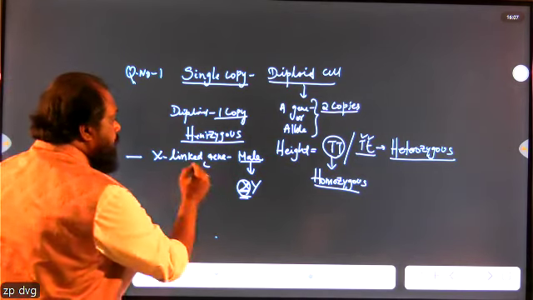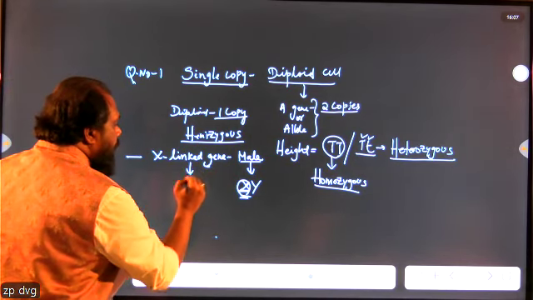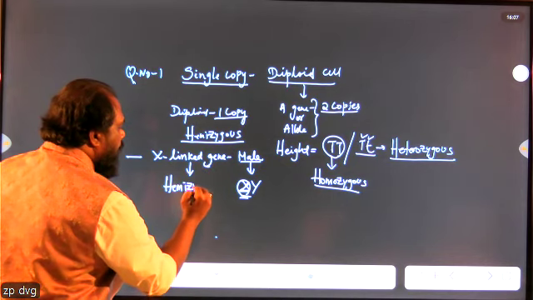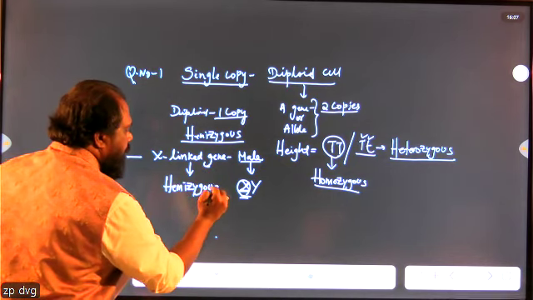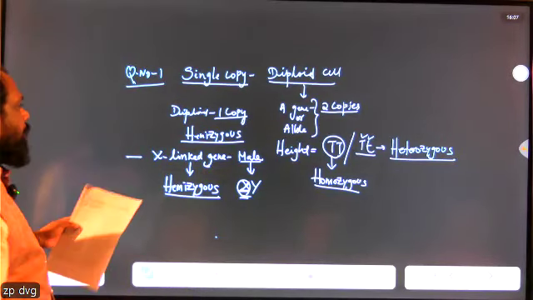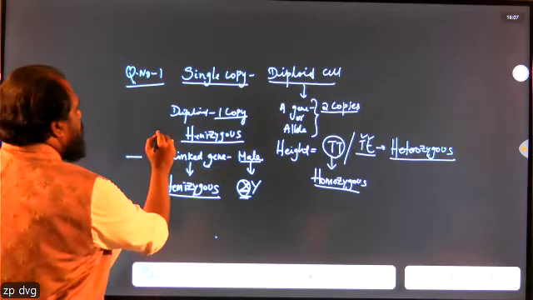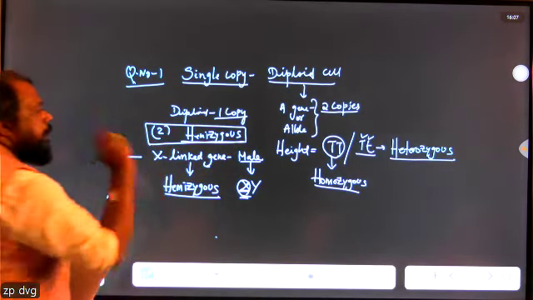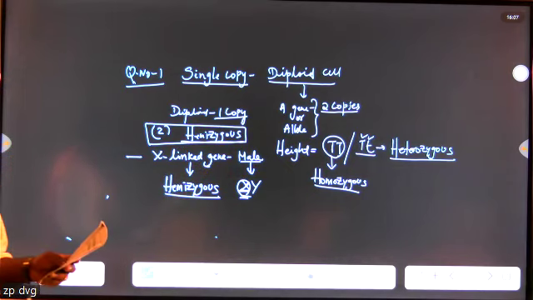Therefore, the X-linked gene will be in the hemizygous condition. Therefore, for question number 1, the correct option is option 2. It's called the hemizygous condition. Hope you understand.